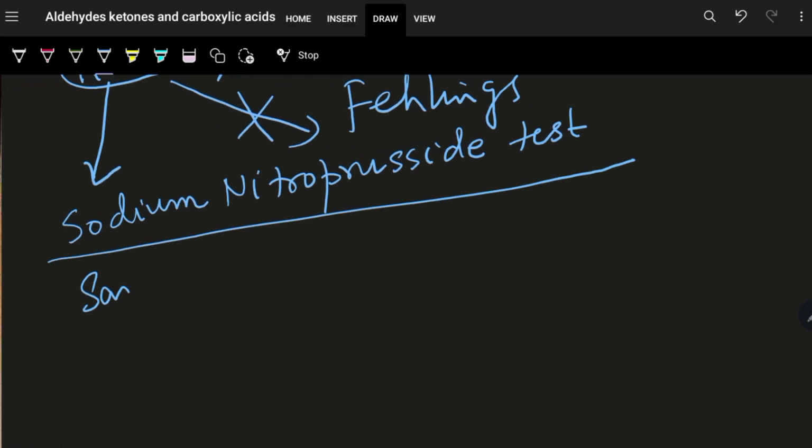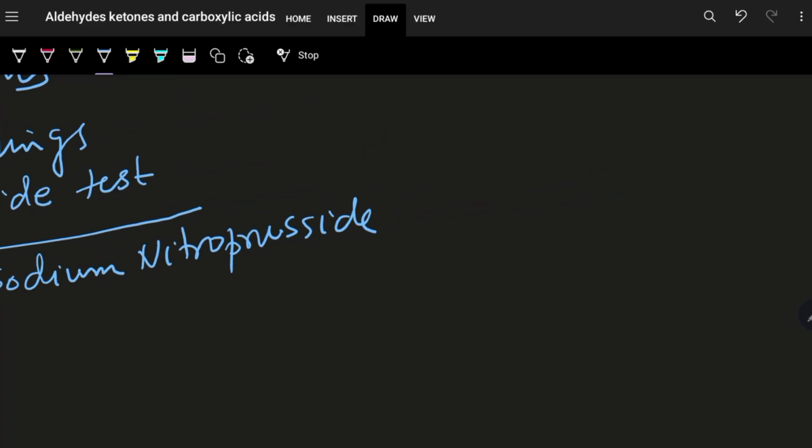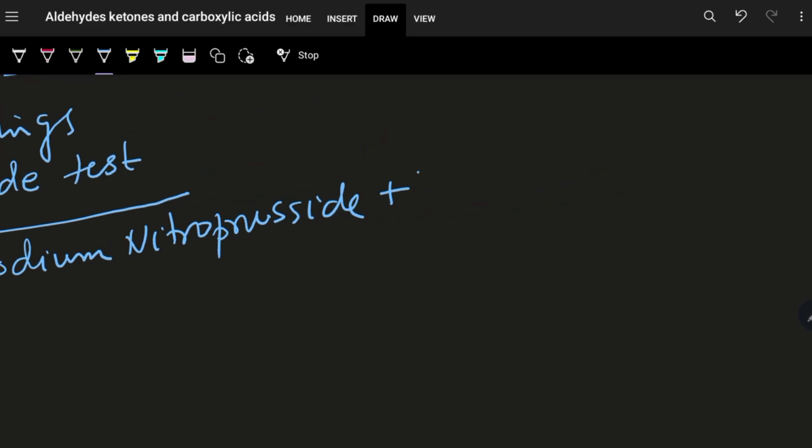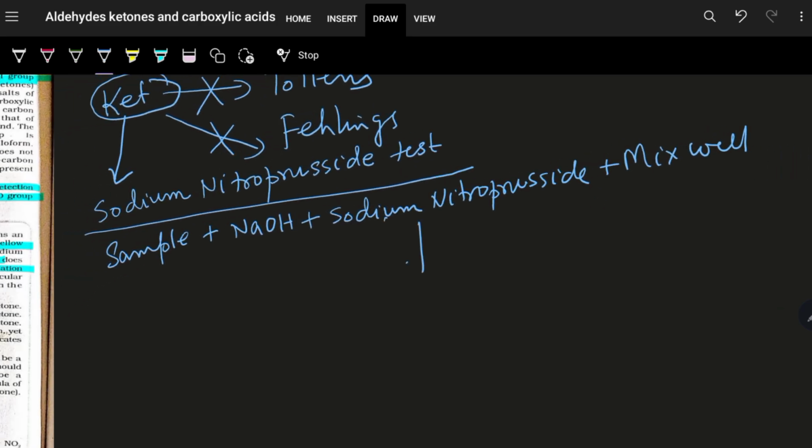You will take the sample that contains ketone, add NaOH to it and then add sodium nitroprusside to it. You need to mix it very well, and then you will get a solution which is red in color.